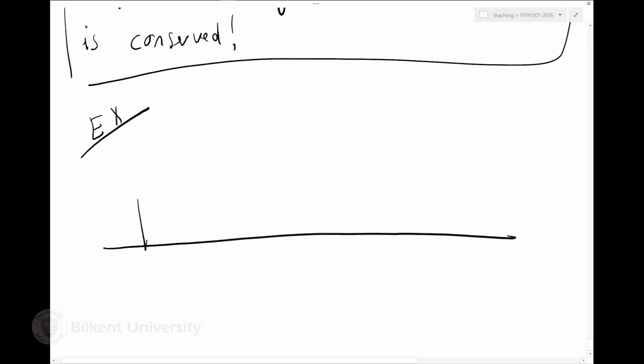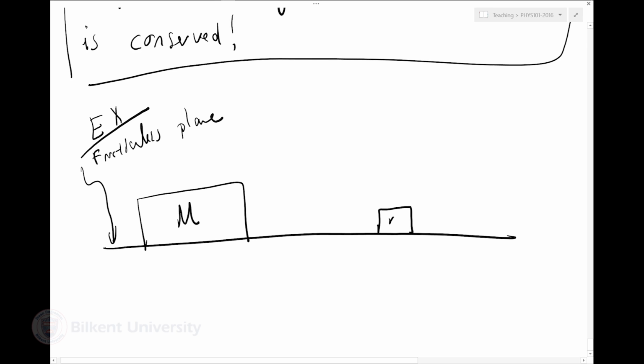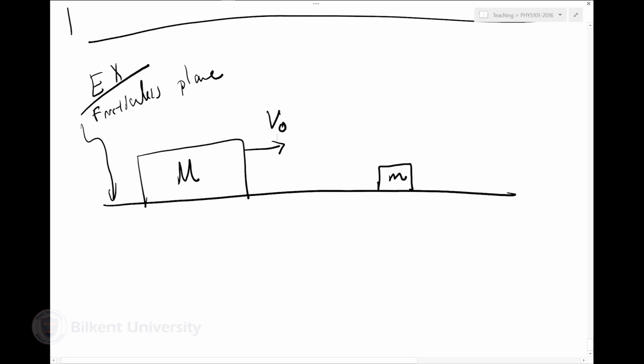Let's say that I have a frictionless plane and I have a particle of mass M and another particle of mass small m, and initially this mass M is going with some velocity v0.